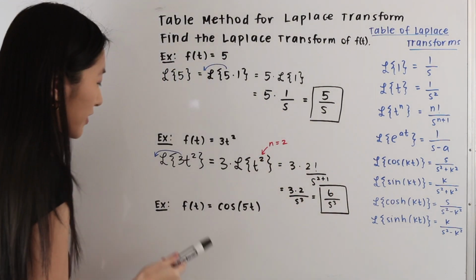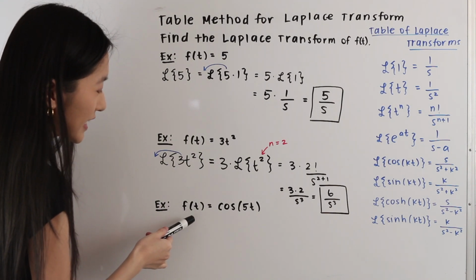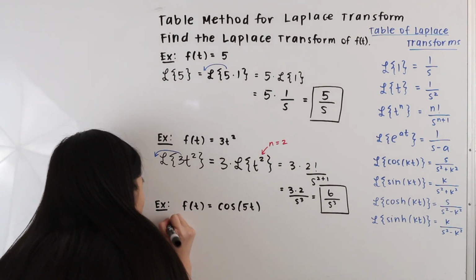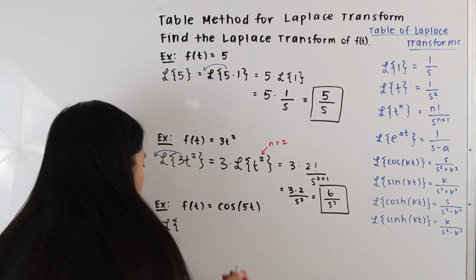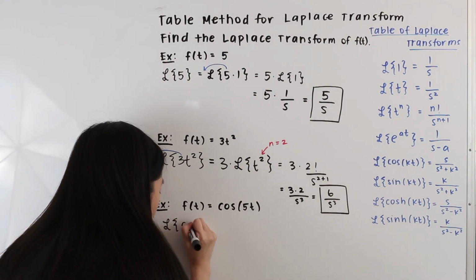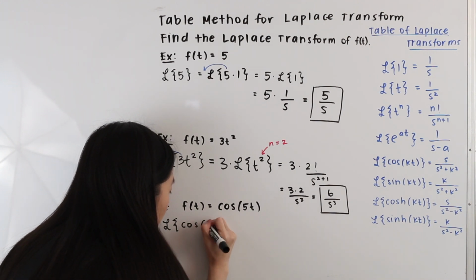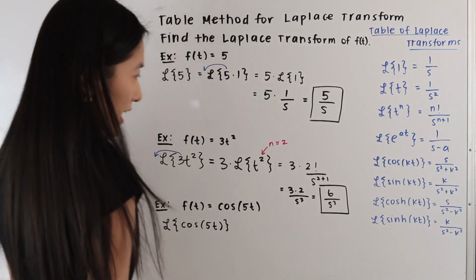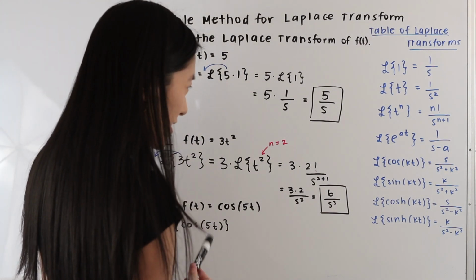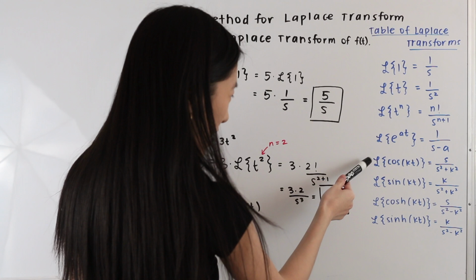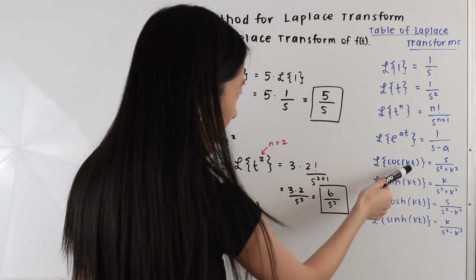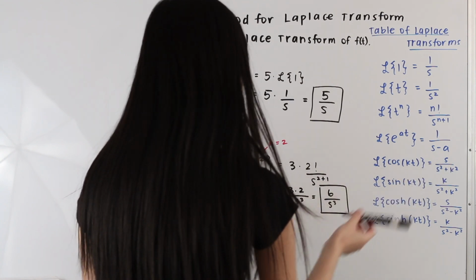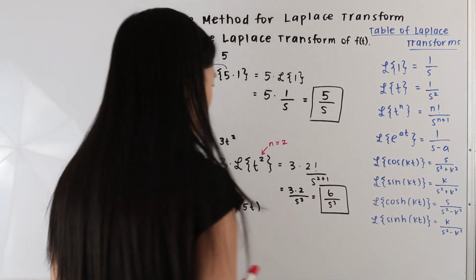Okay, let's go ahead and take a look at this next example. So we have f of t is equal to cosine of 5t. So let's go ahead and take the Laplace transform. So we have the Laplace transform of cosine of 5t. And so let's go ahead and take a look at our table. So this is this case here. So we have the Laplace transform of cosine of kt is equal to s over s squared plus k squared, and we know that k is equal to 5.